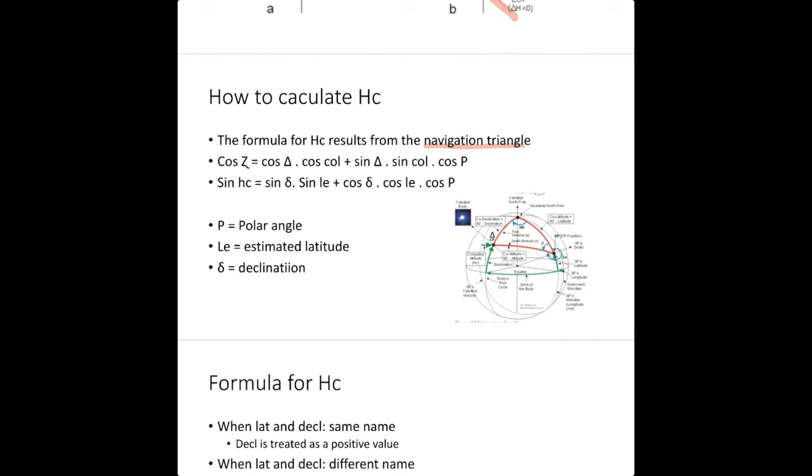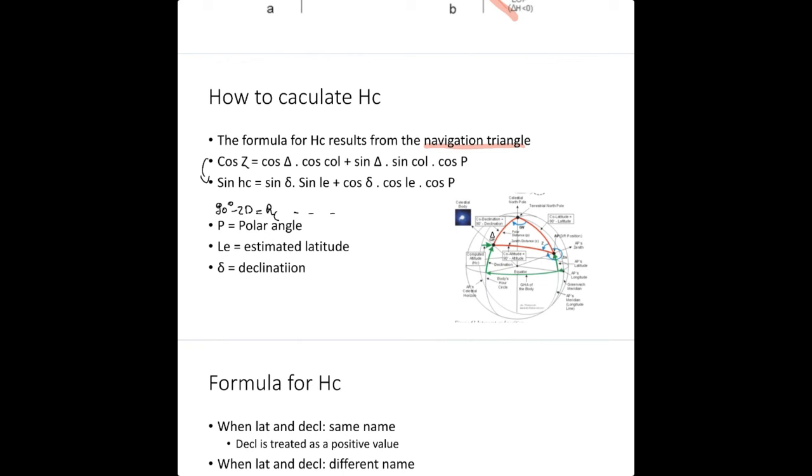If we transform this into this formula here, we know that 90 degrees minus zenith distance is hc, etc.